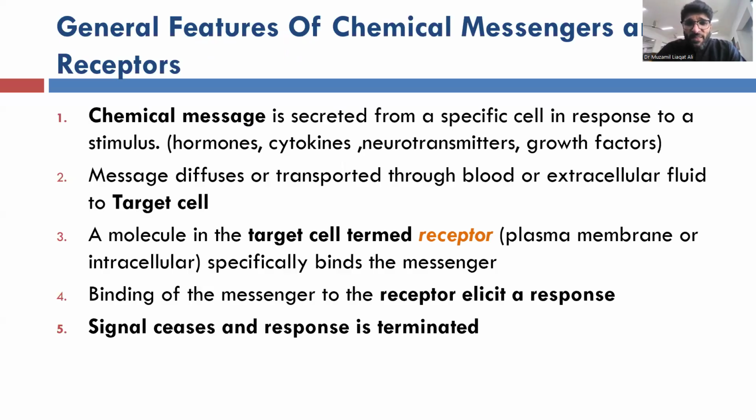There it binds to a highly specific receptor located either on the plasma membrane or inside the cell. This binding event triggers a cascade of intracellular reactions that ultimately produce a biological response. Importantly, every signal must be terminated. Failure to terminate leads to uncontrolled cellular activity.